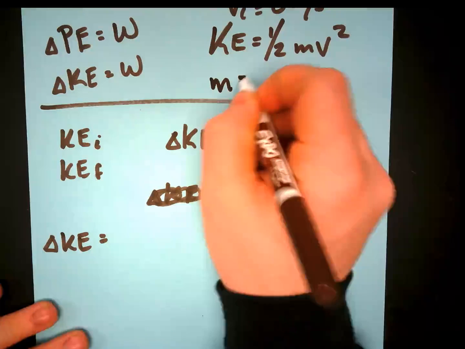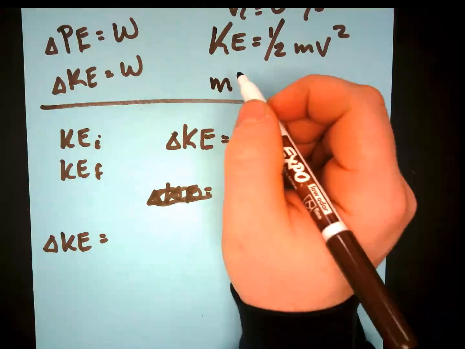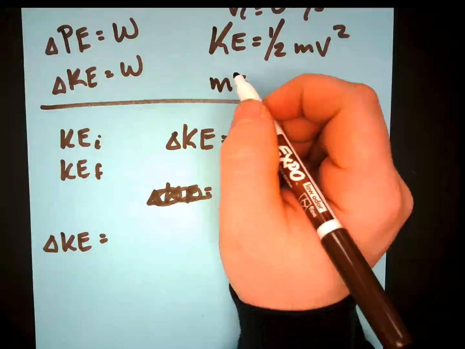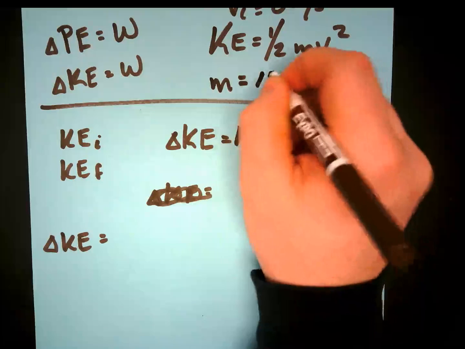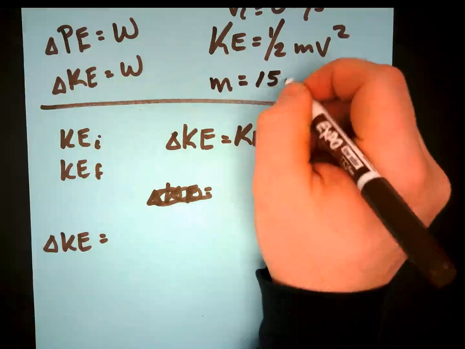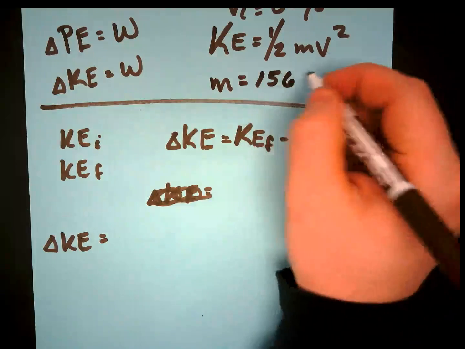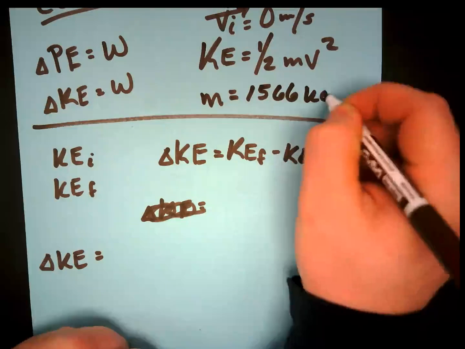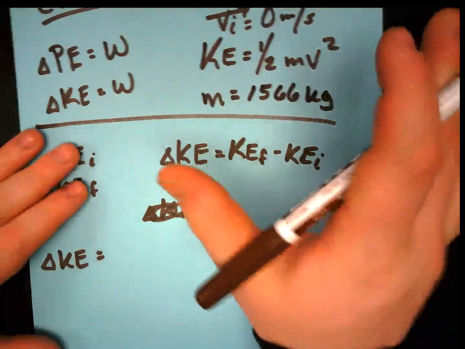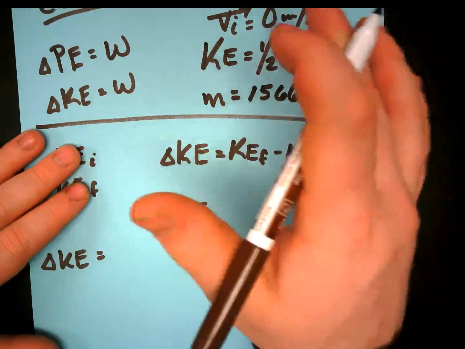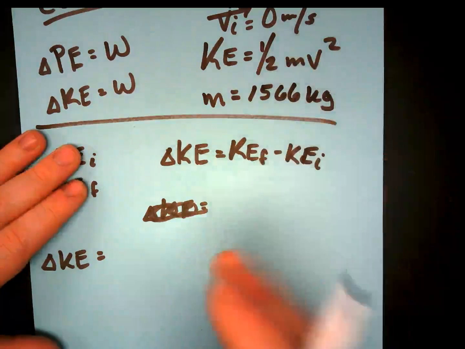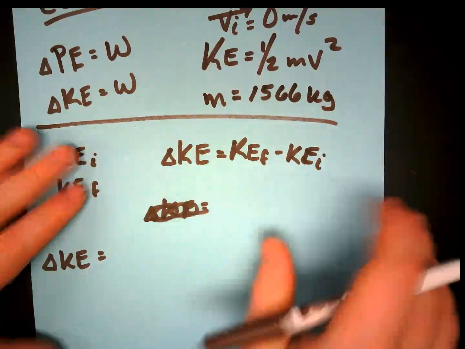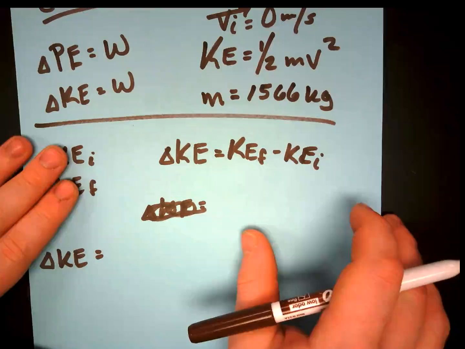And our mass is 1,566, which I calculated. Google, I think, will give you 1,564 kilograms. It doesn't matter a whole lot; maybe it does, it's something I haven't looked into, but as far as I can tell it wouldn't matter all that much.